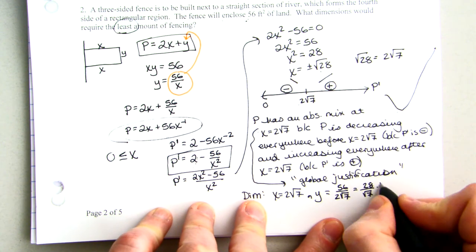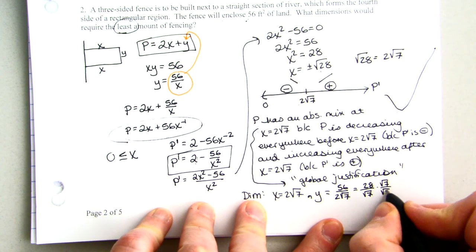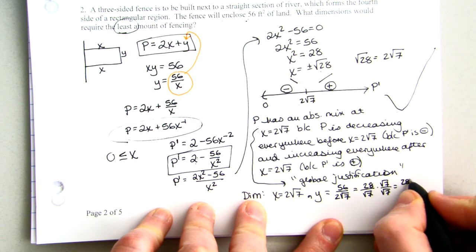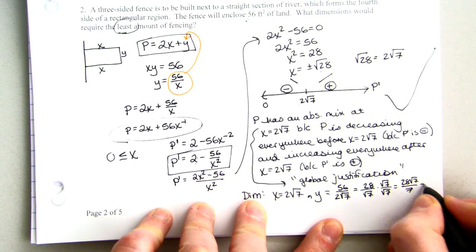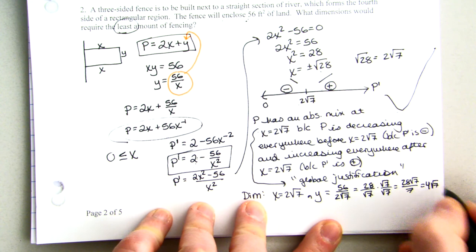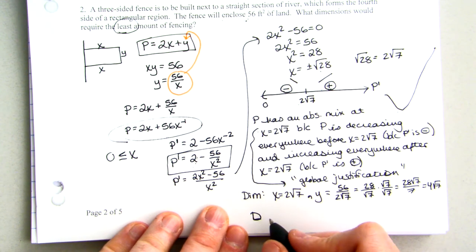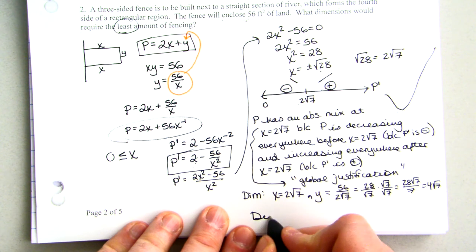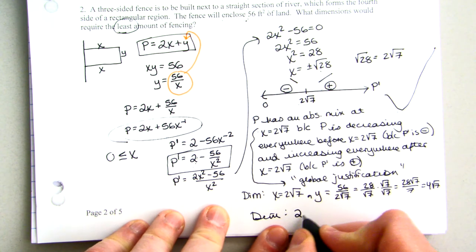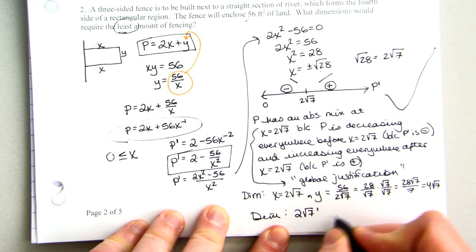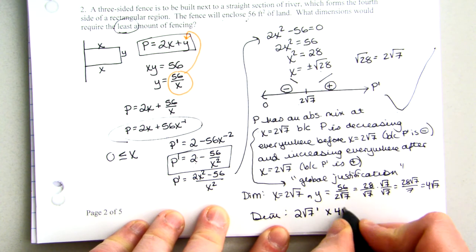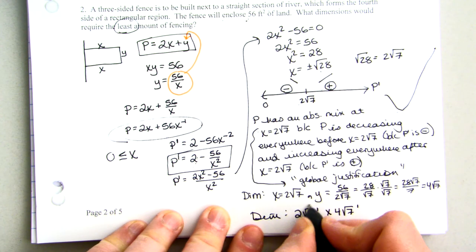Gonna rationalize. Why not? 28 root 7 over 7. This becomes kind of nice. That's just 4 root 7. What are the dimensions of the land that I'm enclosing? 2 root 7 feet by 4 root 7 feet.